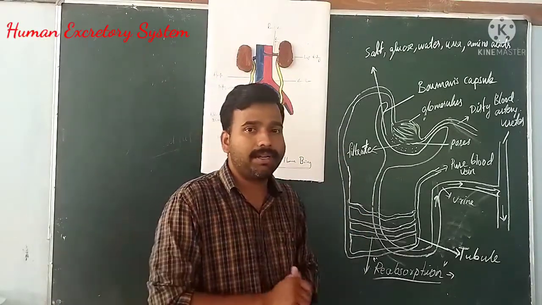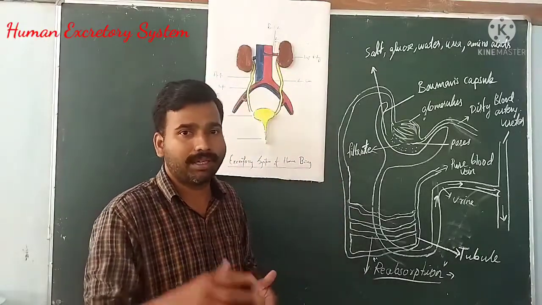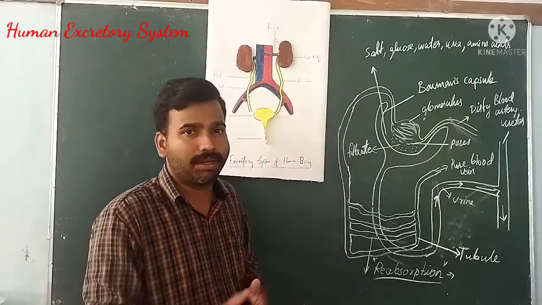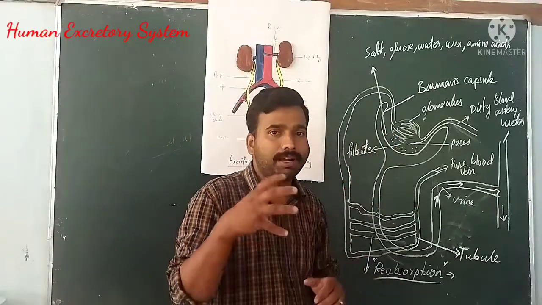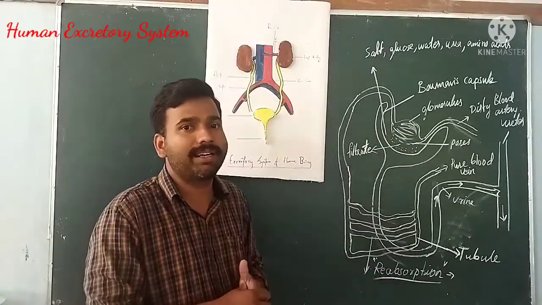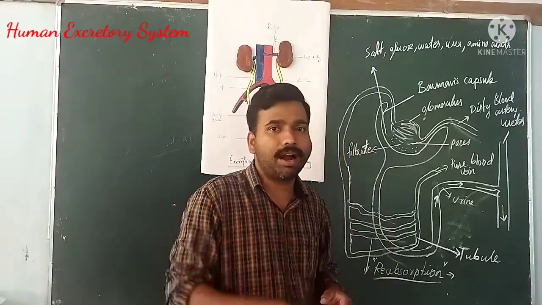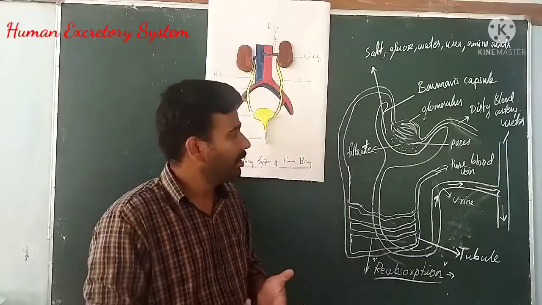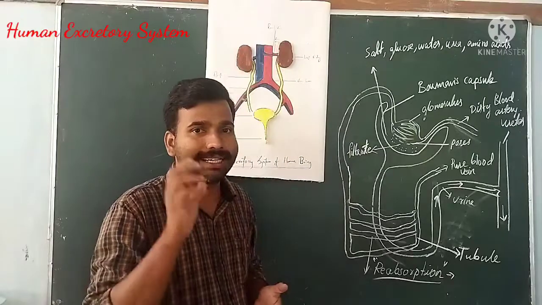Otherwise, what happens if you consume a very large amount of chips, Pepsi, Coca-Cola and so on? These contain large amounts of sugar and salt, so the kidney has to work really hard to remove all these waste materials from your body, and after a long time you can develop kidney stones.